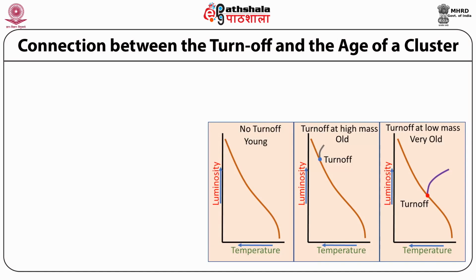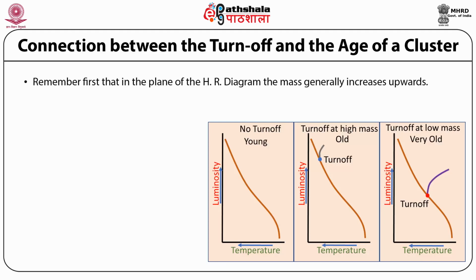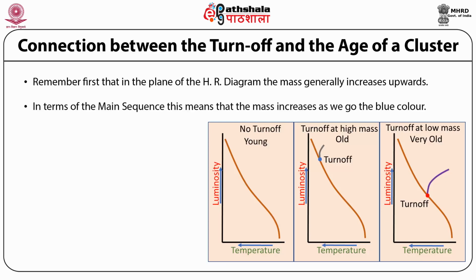Connection between the turn-off and the age of a cluster. Let us now come back to the HR diagram of a star cluster. Remember first that in the plane of the HR diagram, the mass generally increases upwards. In terms of the main sequence, this means that the mass increases as we go to the blue color.